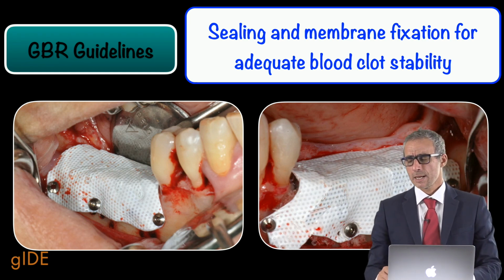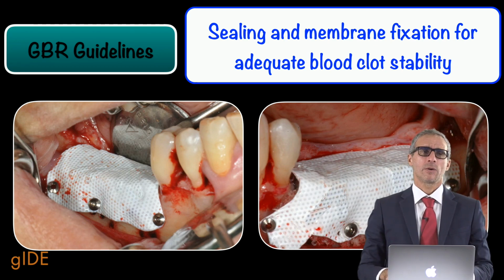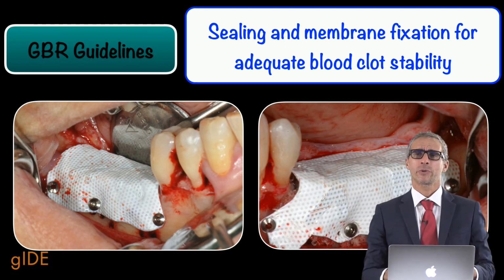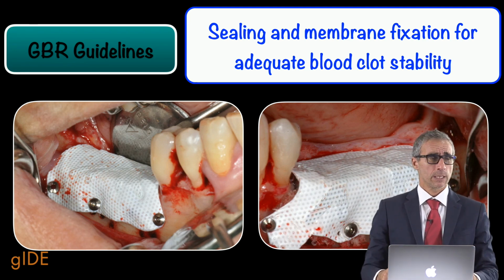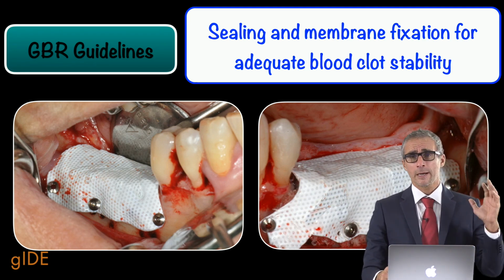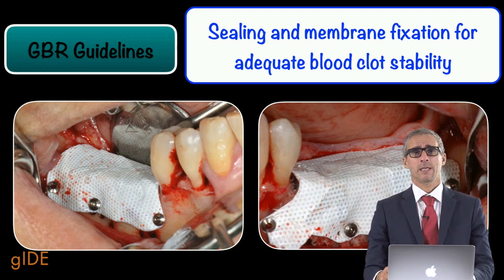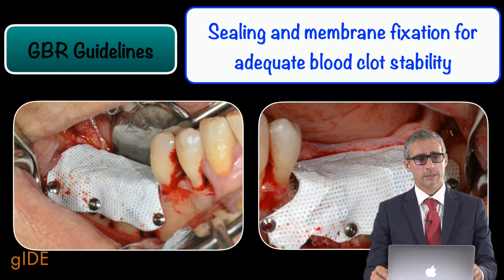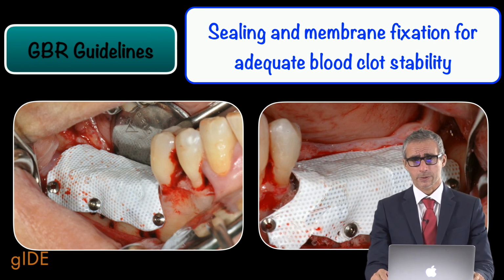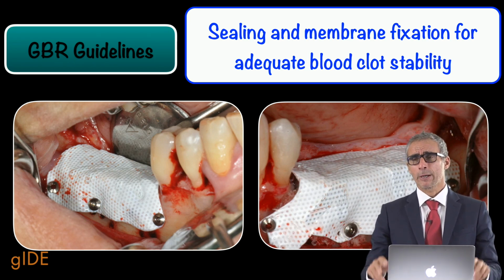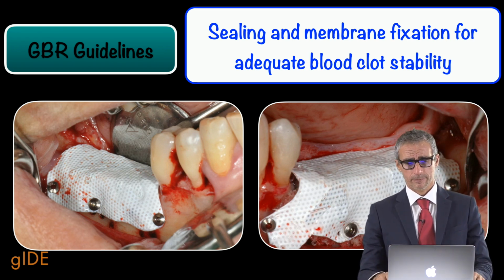This is an old concept. We received this information regarding the biological rules in the far 1991, in a period where Dahlin described the GBR procedures and the biological rules for bone regeneration.